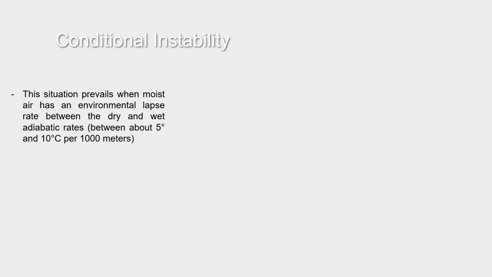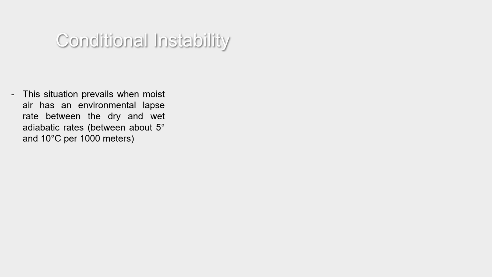And now the last is we have the conditional instability. So this is a common type of atmospheric instability. This situation prevails when moist air has an environmental lapse rate between the dry and wet adiabatic rates. So between 5 degrees Celsius and 10 degrees Celsius per 1,000 meters.